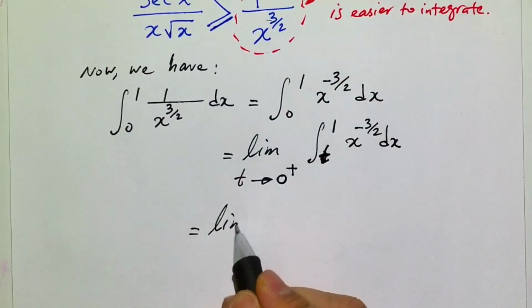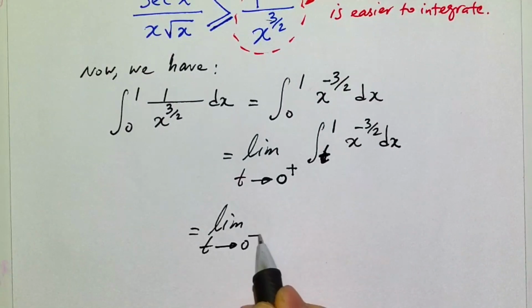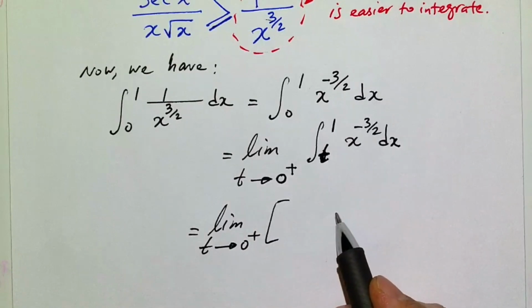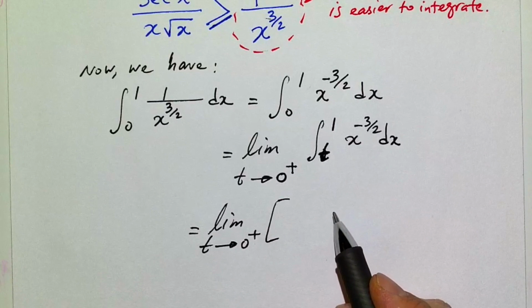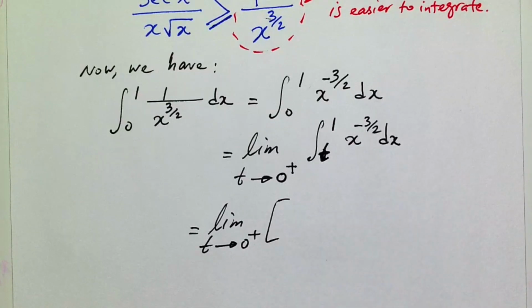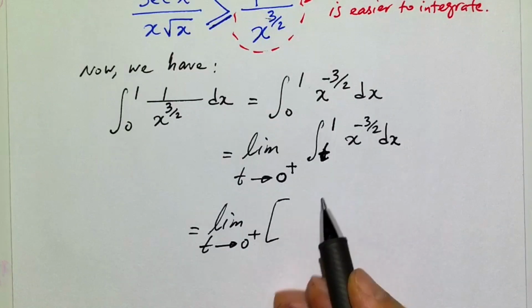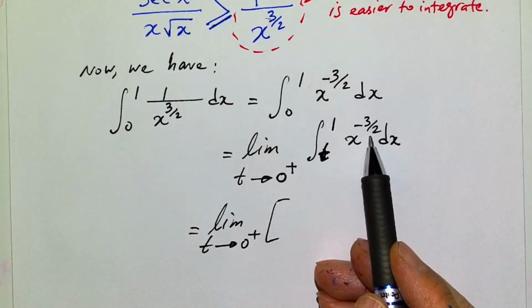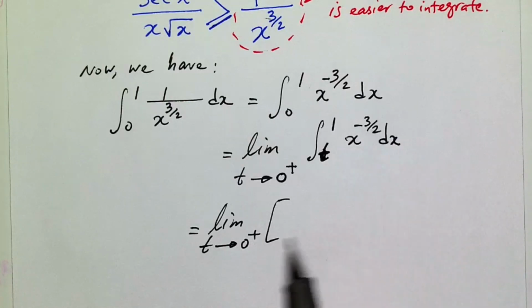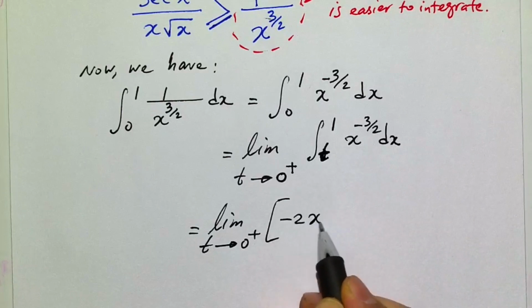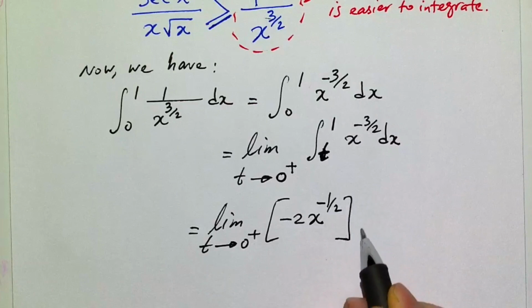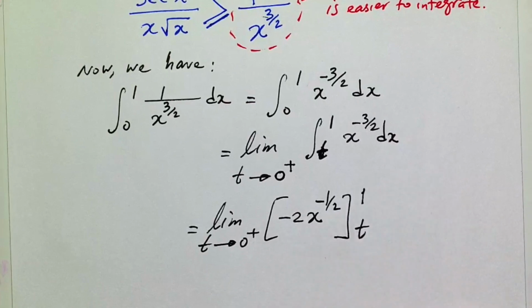Okay, so we can easily integrate this, and this is what we get. We get the limit as t approaches 0 from the right, and we add 1 to this power divided by the new power. So the new power would be adding 1 to minus 3/2, that would be minus 1/2. So it will be minus 2x to the minus 1/2 power, and then from t to 1. Okay.